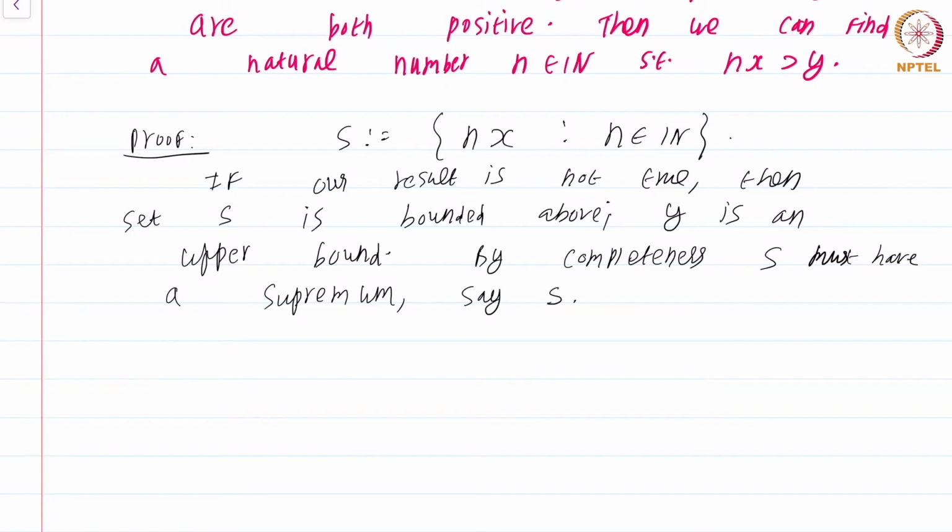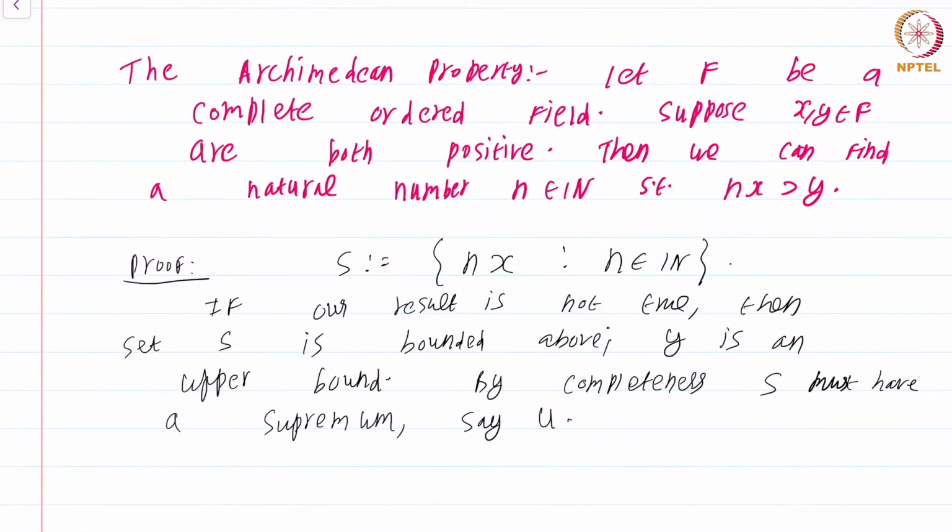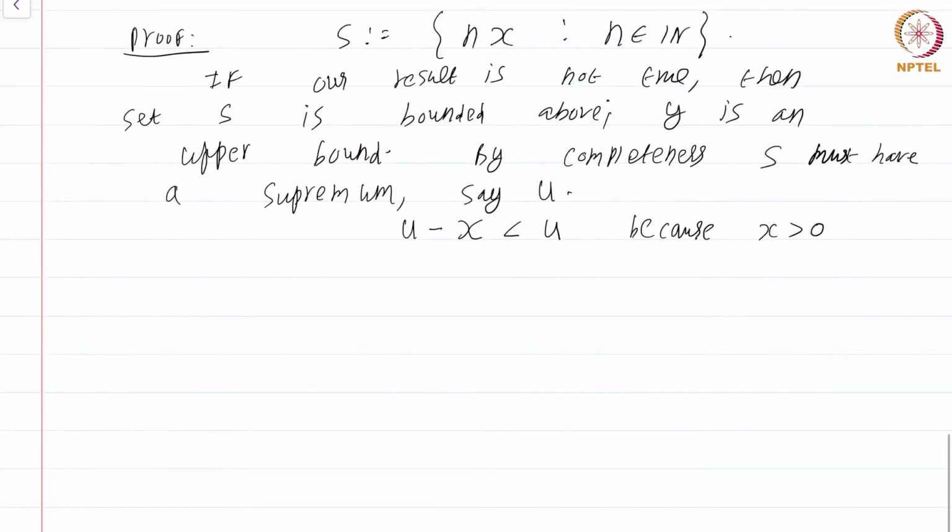Say small s. Or rather, instead of confusing with too many s's, let's just say small u. Now you have u minus x is less than u. Why is this the case? Because x is greater than 0.